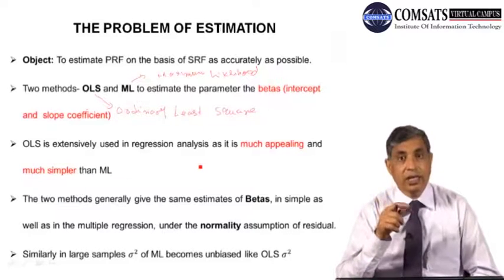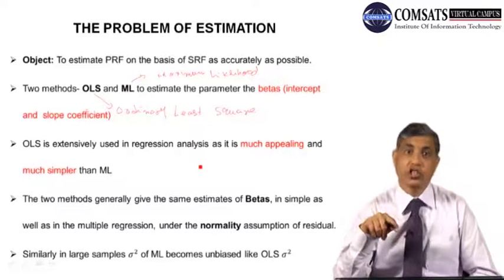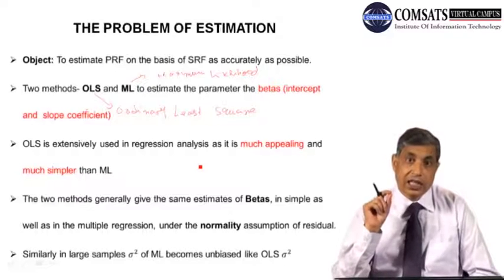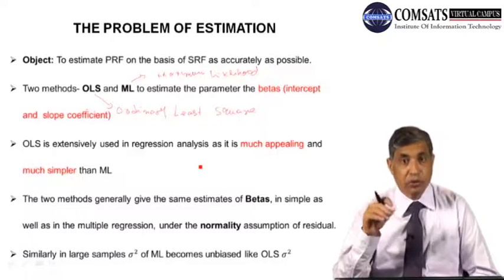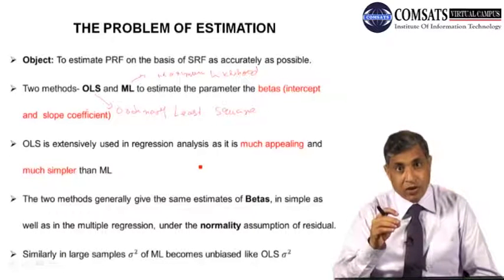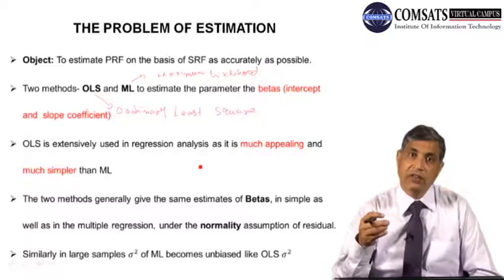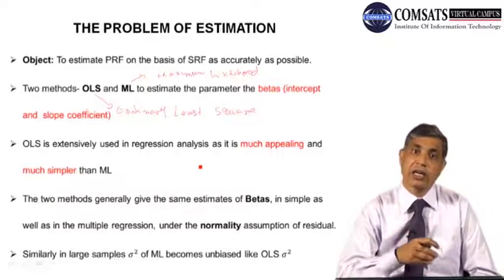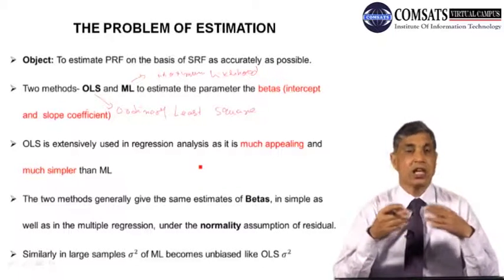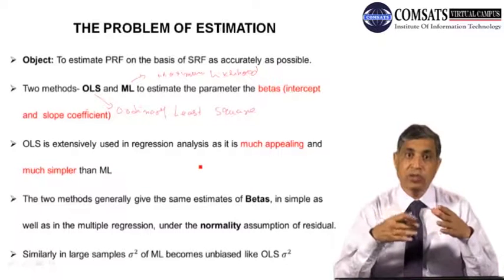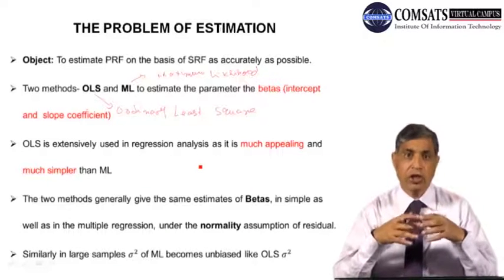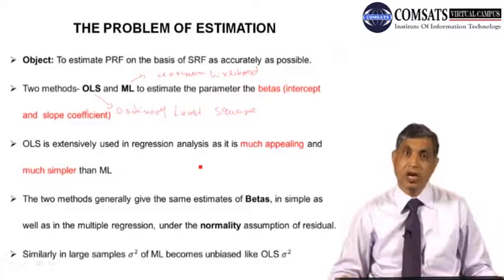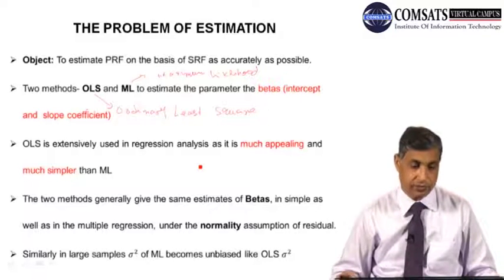If we assume that our residual terms are normally distributed, then the beta 1 hat and beta 2 hat estimated from the maximum likelihood method or the OLS method give similar results in both cases. So when we take the assumption of normality, we need not worry about whether we are estimating our parameters by maximum likelihood or by ordinary least square.